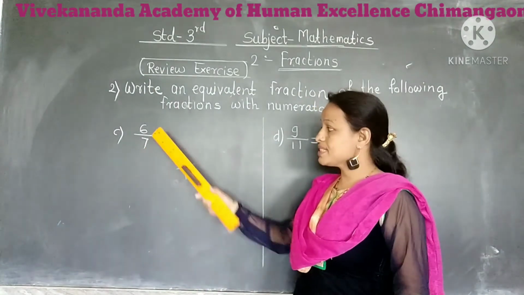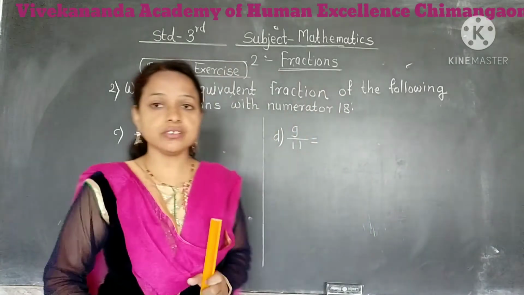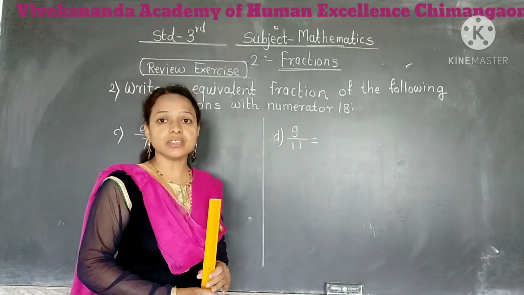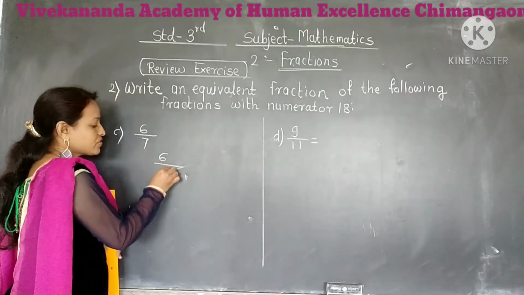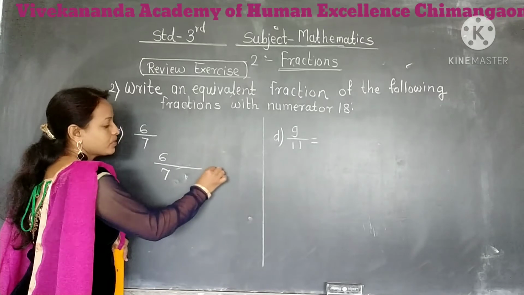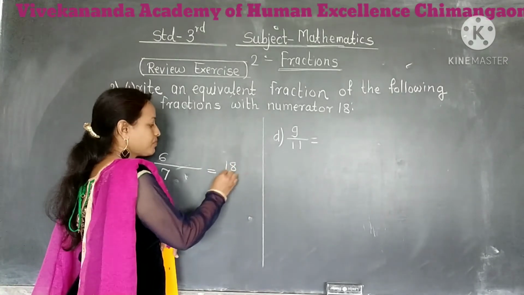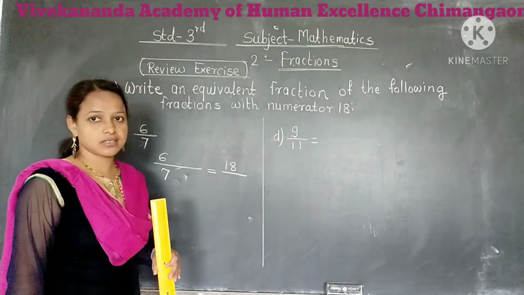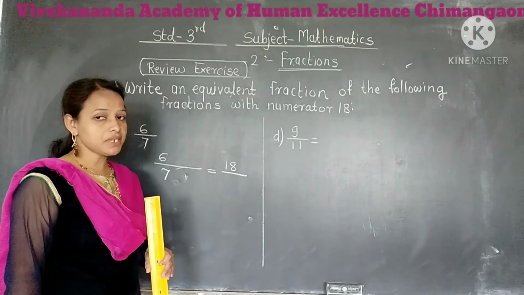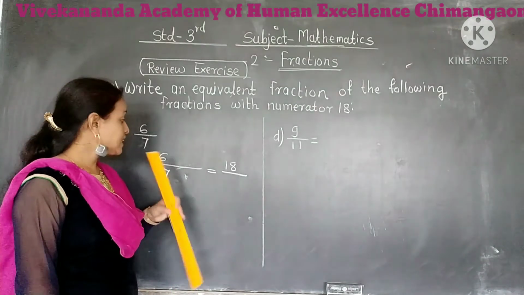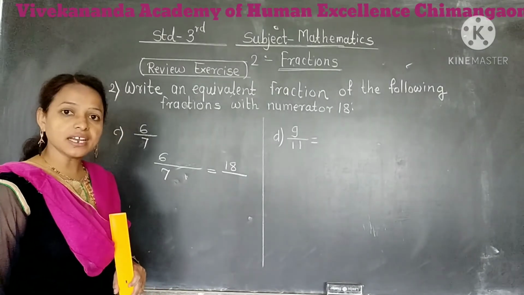Next example is 6 upon 7. We have to write its equivalent fraction with numerator 18. So look here, the fraction given is 6 upon 7, but here we have to write its equivalent fraction with numerator 18. So 6 multiplied by 3, means 6 threes, is equal to 18. 6 threes are 18.